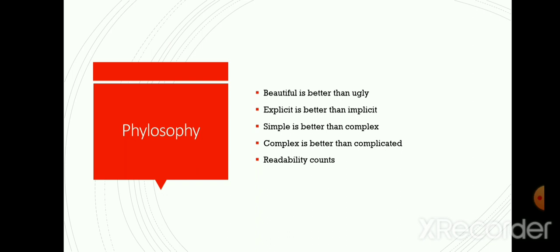The third one is simple is better than complex. In this language we always try to give a simple way to describe or write something. So simple is more important.